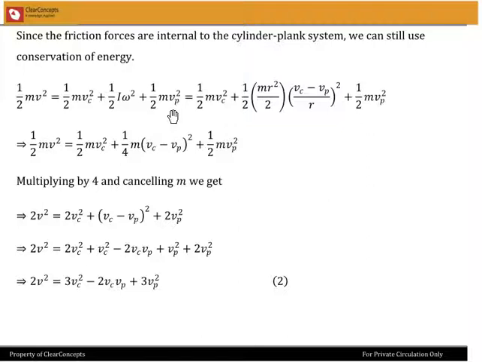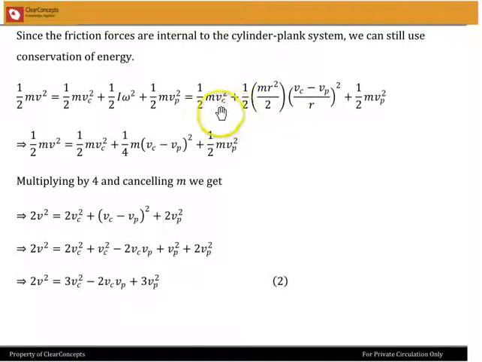Now the moment of inertia of the cylinder is mr squared by 2. The angular velocity will depend on the relative speed between the cylinder and the plank, that is Vc minus Vp. That is the relative speed of the cylinder on the plank. That divided by r will give you the angular velocity.